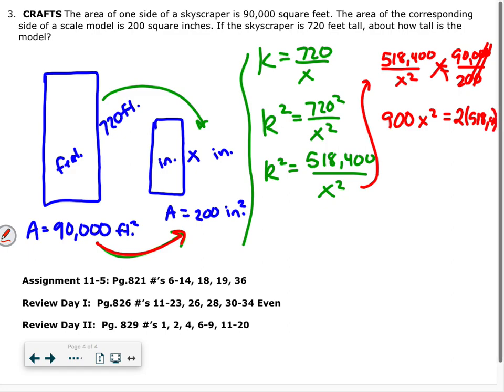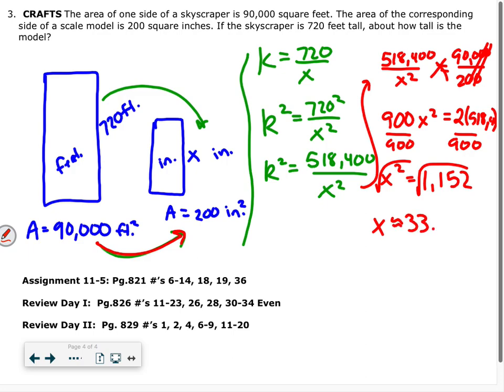Divide each side by 900. x squared is 1,152. And the opposite of squaring is square rooting. So we should get x to be about 33.9 inches. So that model's height should be about 33.9 inches.